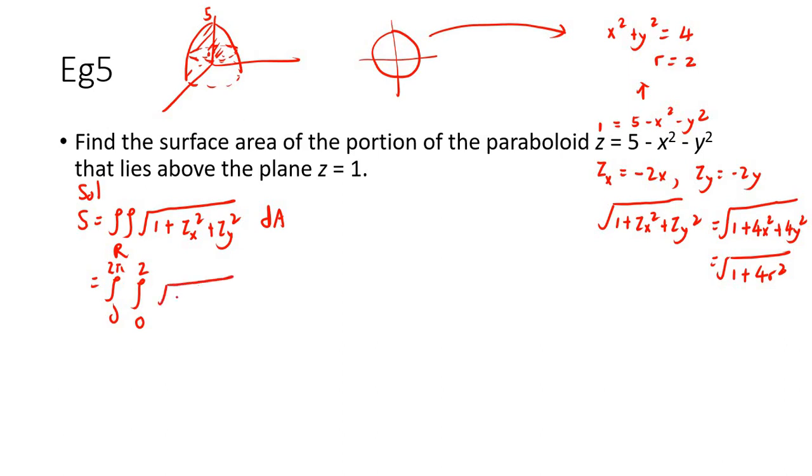So you have the integral of the square root of 1 plus 4r squared, r dr d theta. It's the same integral as in examples 3 and 4, and you will get 1 plus 4r squared to the power 3 over 2 divided by 12.